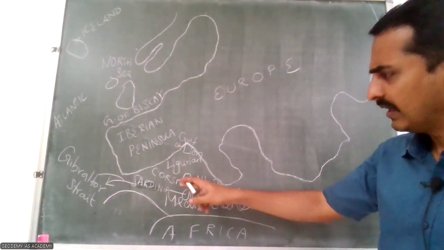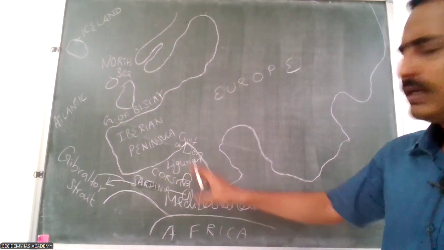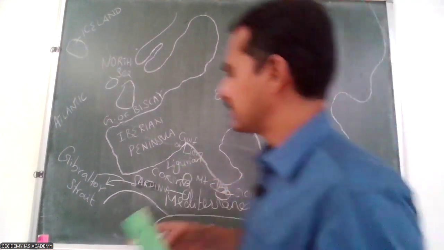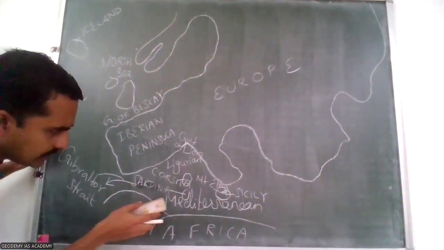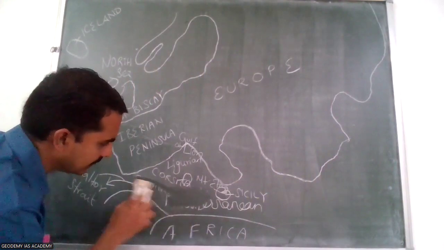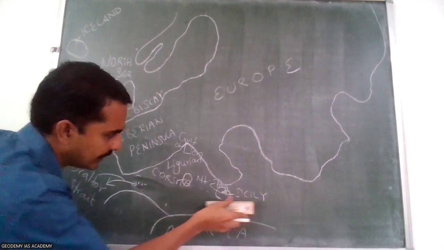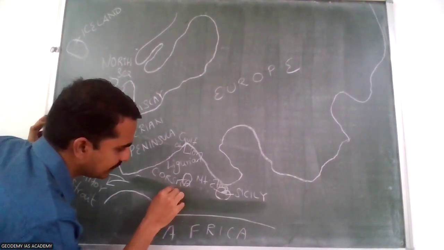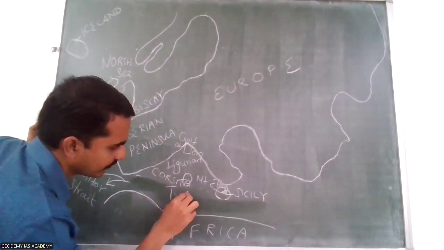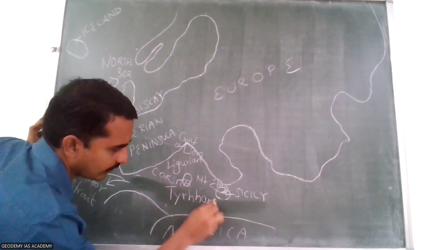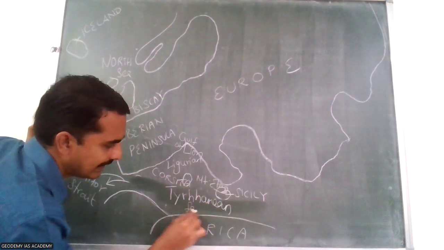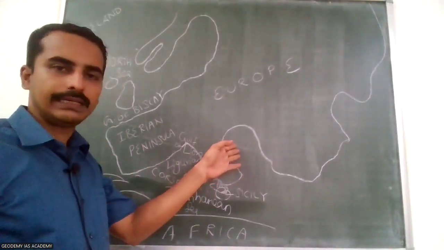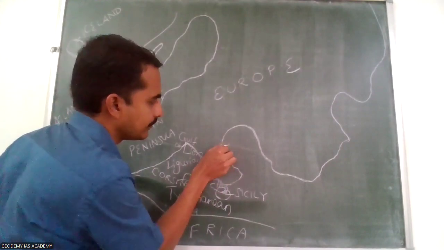Here many small marginal seas are located, the Ligurian Sea in this part, and another one here. In the Mediterranean, here it is the Tyrrhenian Sea, and in the east of Italy it is the Adriatic Sea.